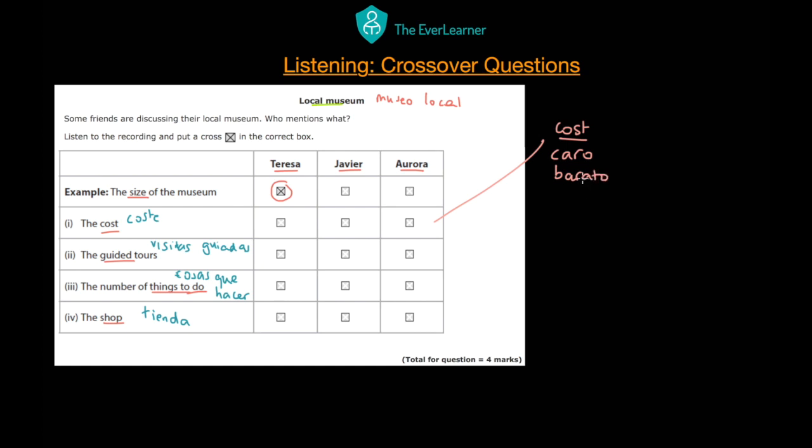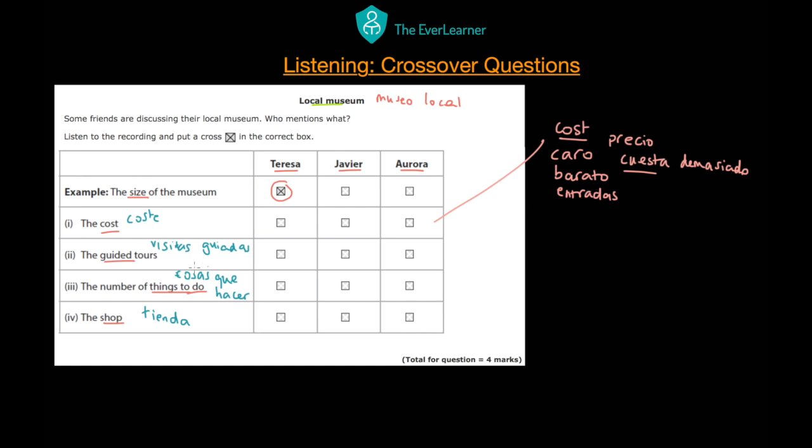You might hear words like las entradas, the tickets. You might hear things like el precio, the price. Or other things like cuesta demasiado. Cuesta demasiado. It costs too much.